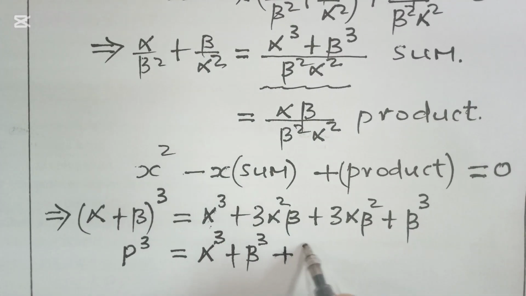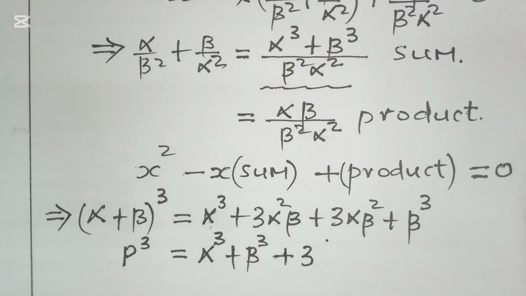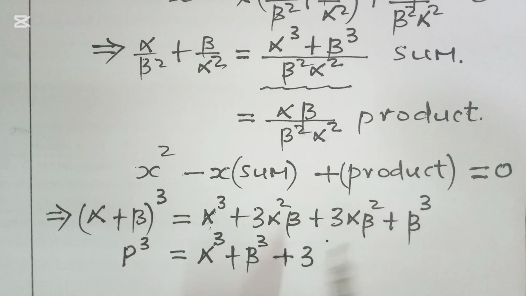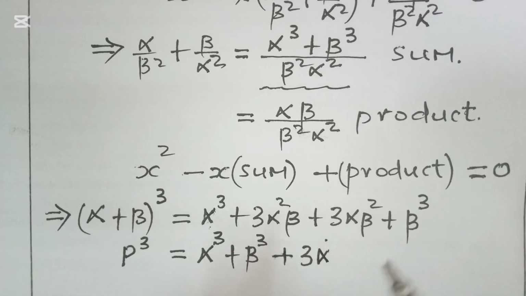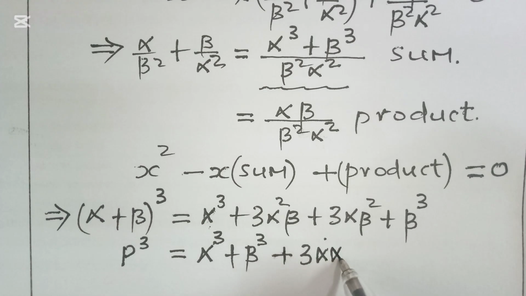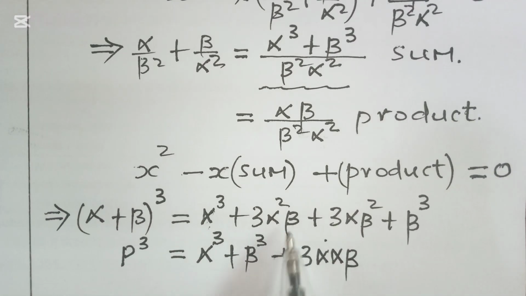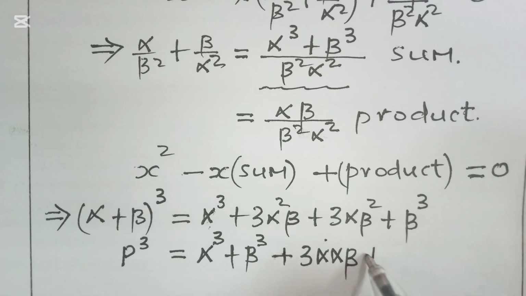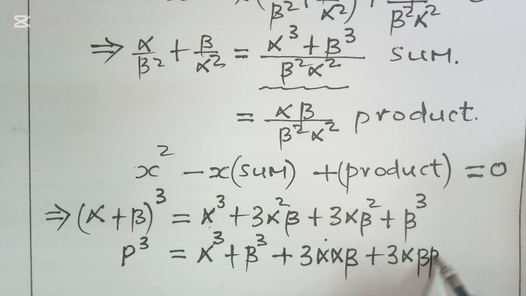Factoring out 3, we shall be left with 3. Then, before we do that, I would like to write it like this. I write alpha, and then another alpha beta, which is essentially the same as that, plus 3 alpha, I write 2 betas, like that.